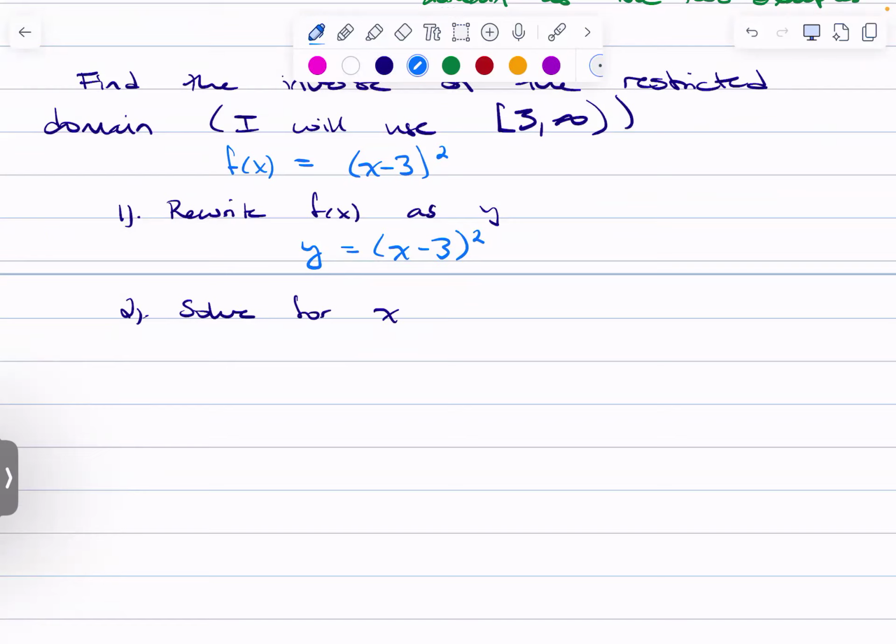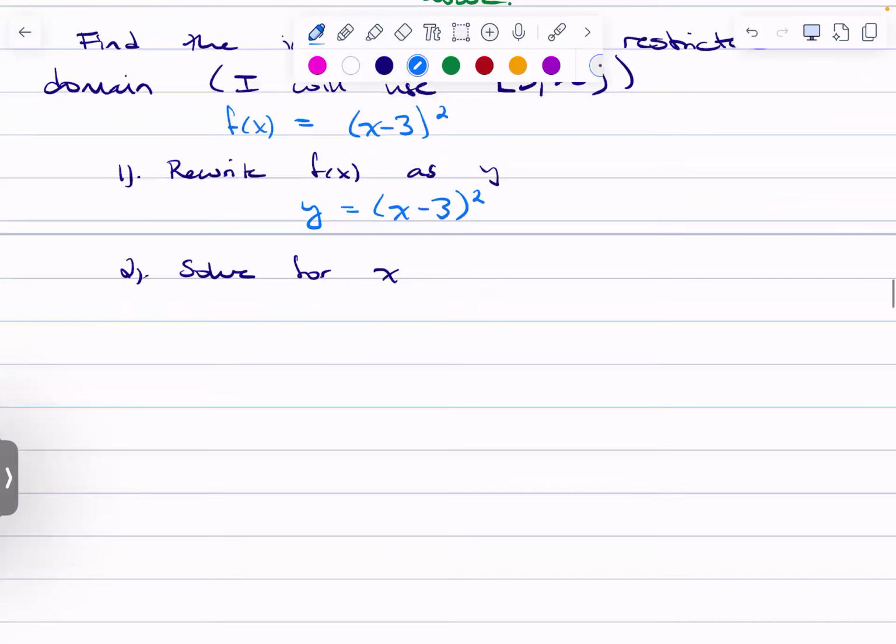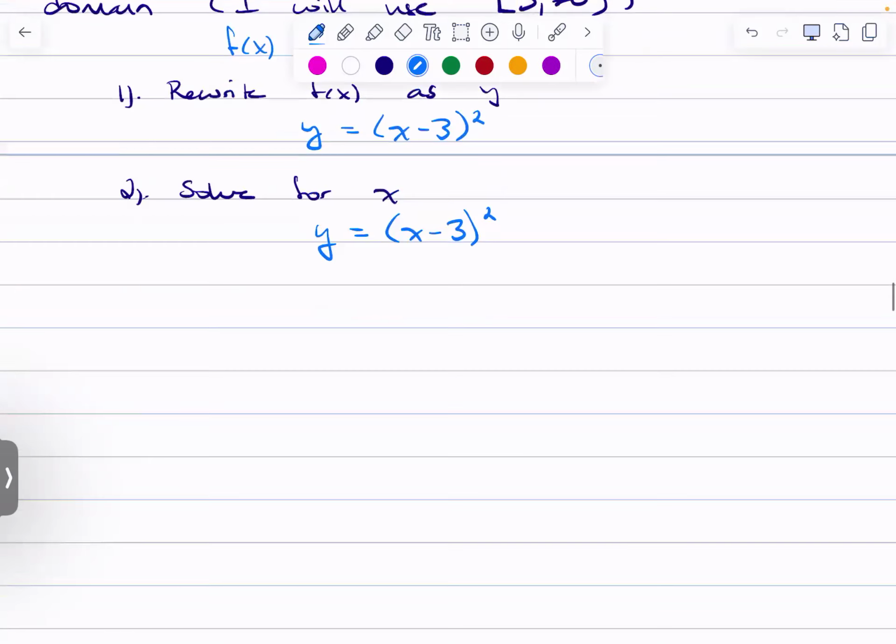Rearranging here. When I take the square root, what happens? I need to account for the positive and the negative version of the square root. And so I get this, or I'll start here. I'll write it because it's on a new page there.